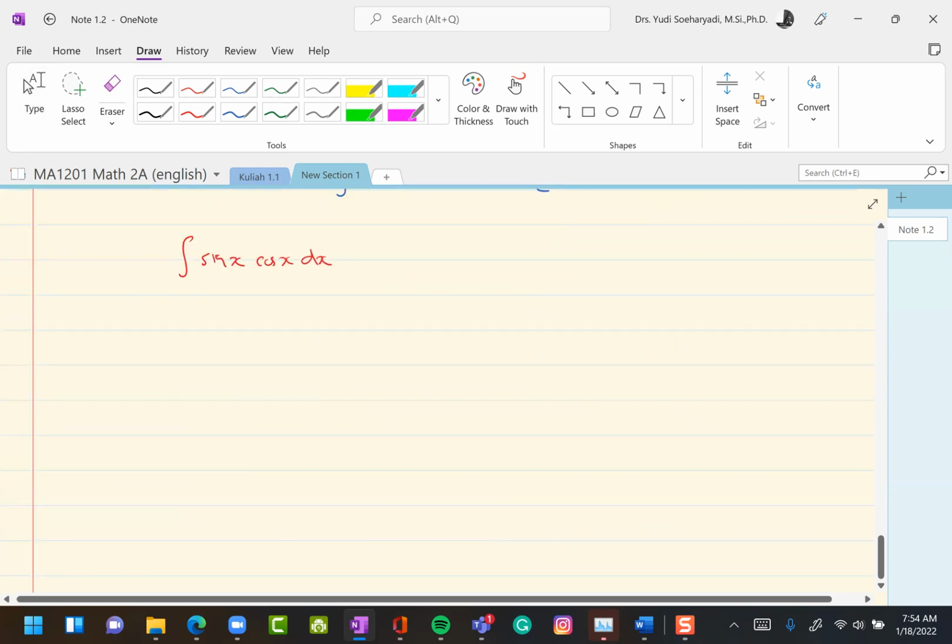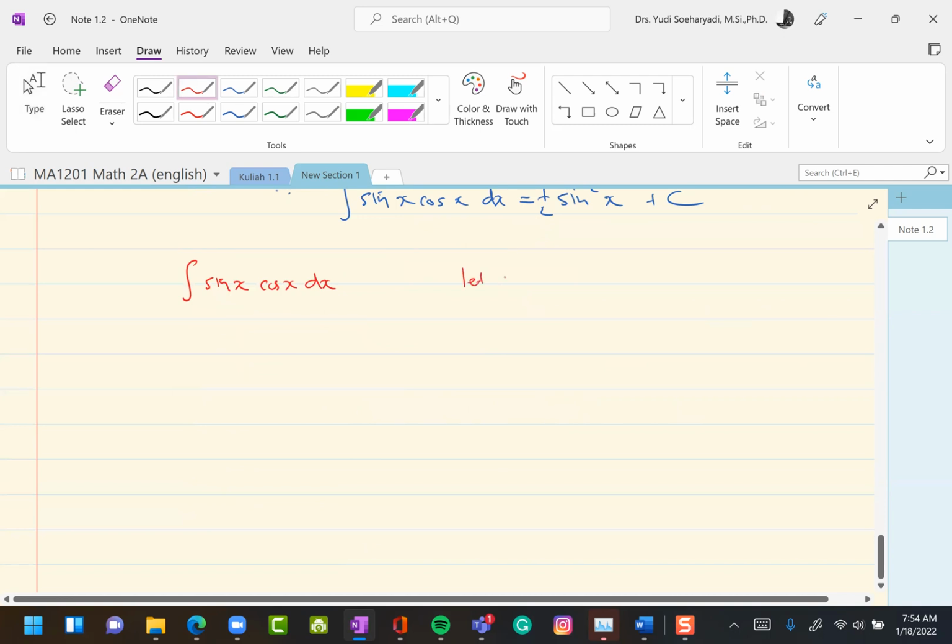So let's do this: cosine x is u. So du here is just negative sine x. Here dv is sine, so v is the integral of sine, which is negative cosine.